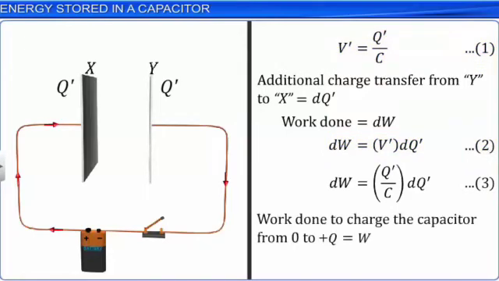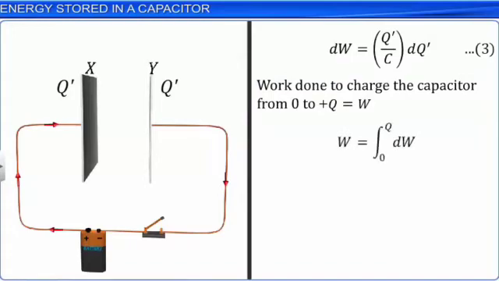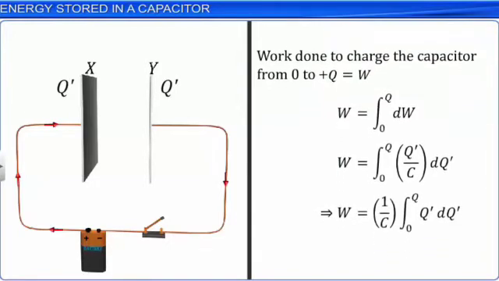We know that W is equal to the integral of dW in the limits 0 to +Q. Substituting the value of dW from equation 3 in the above expression and simplifying further, we get W is equal to Q squared by 2C.